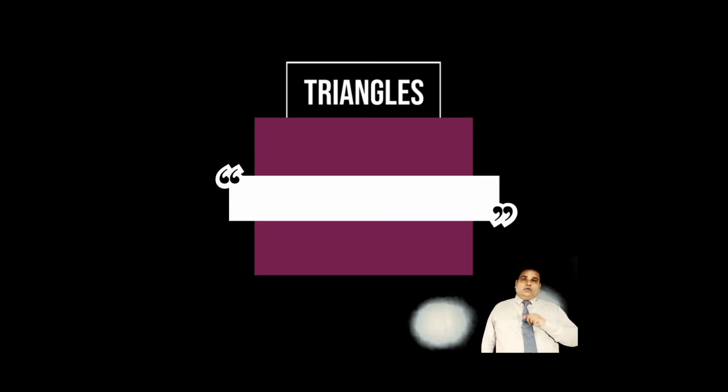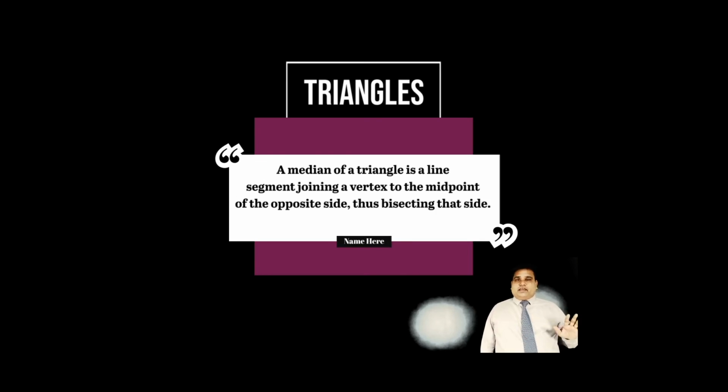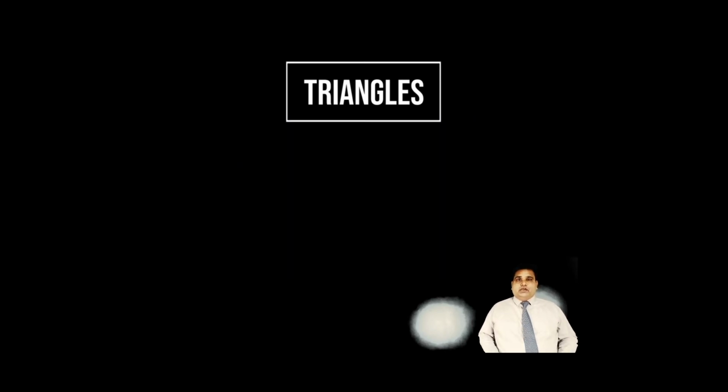It is not necessary that the point E forms a right angle or any specific angle; whatever angle is formed at E is irrelevant for a median. The only important thing is that AE divides the opposite side, which is CB, into two equal parts, or bisects it. So the median of a triangle is a line segment joining a vertex to the midpoint of the opposite side, and it always divides the opposite side into two equal parts.